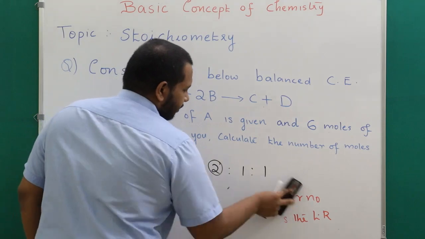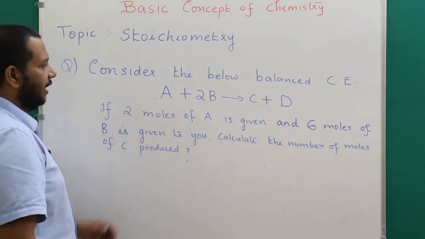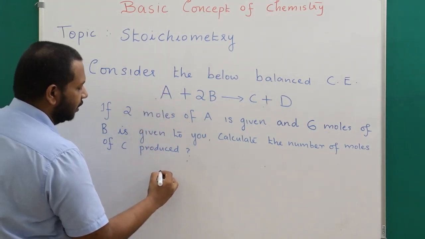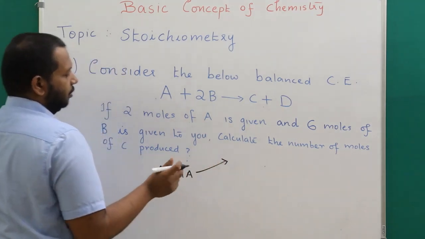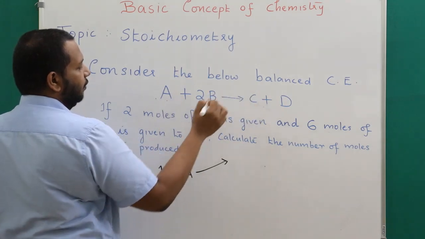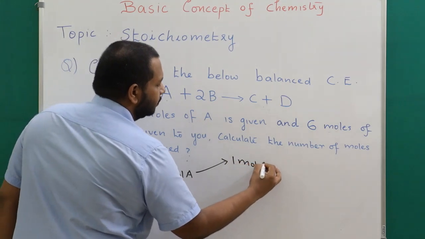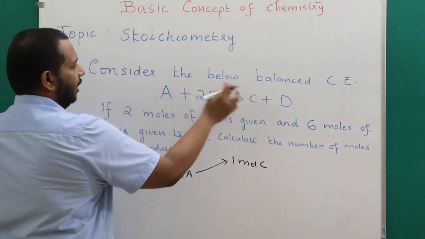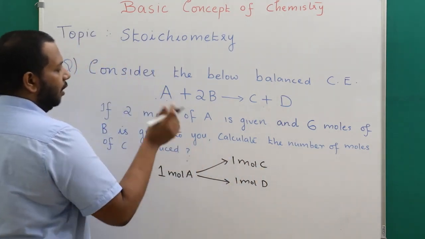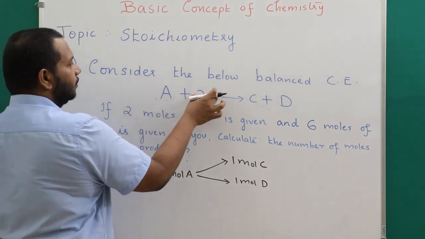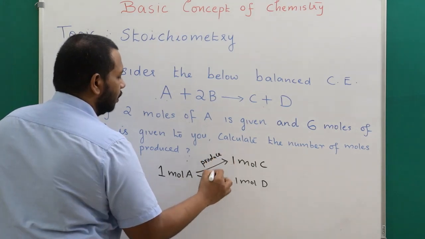Now I understood A is the limiting reagent. Now what I will do is I can write everything in terms of A alone. How am I going to do that? Listen. As per your stoichiometric ratio, 1 mole of A can give you 1 mole of C. Correct? 1 mole of A can give you 1 mole of D. Correct?